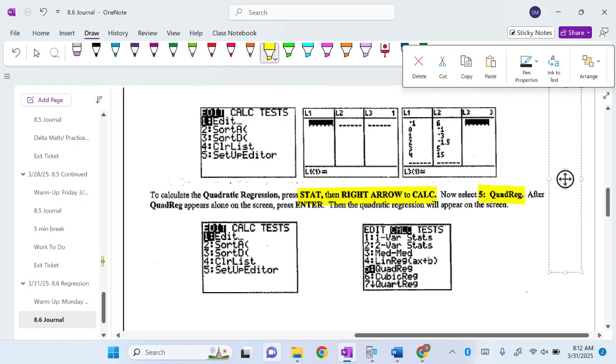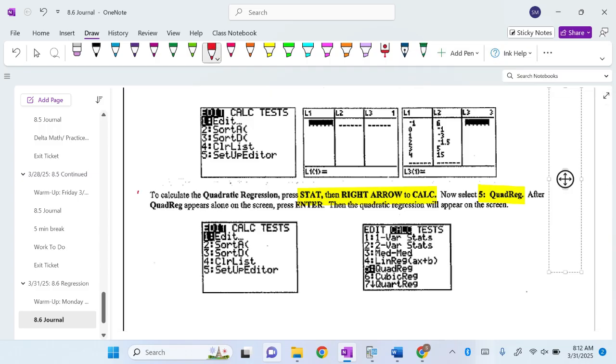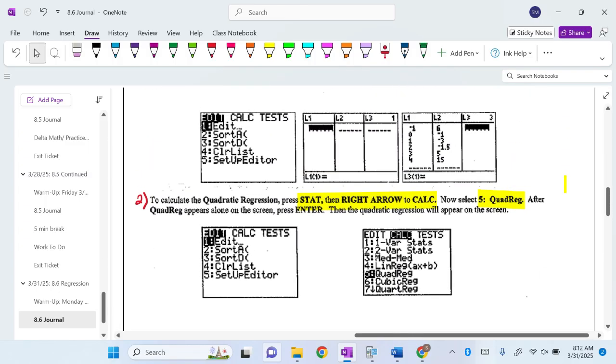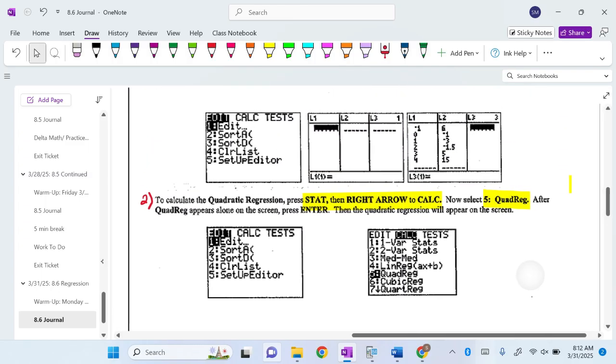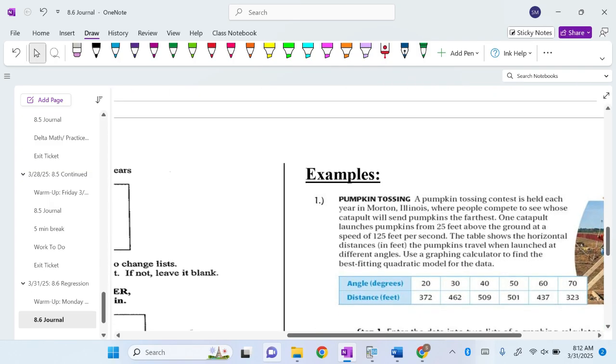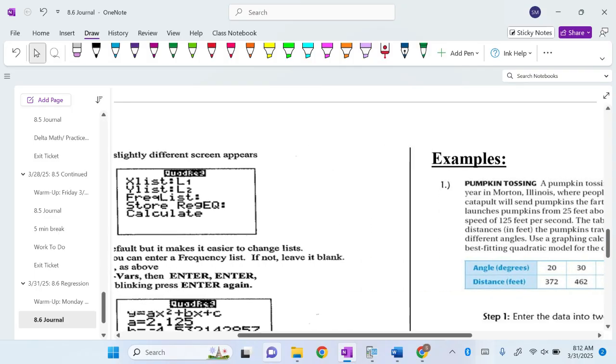So stat, right arrow, 5. All right, so everyone at the screen.